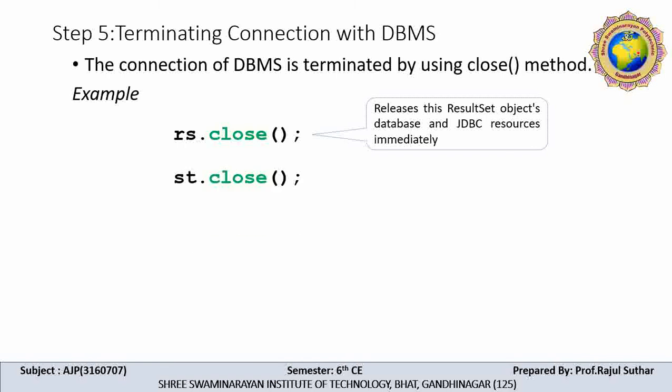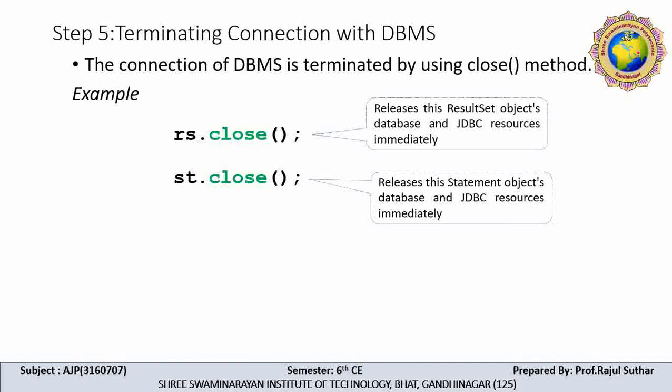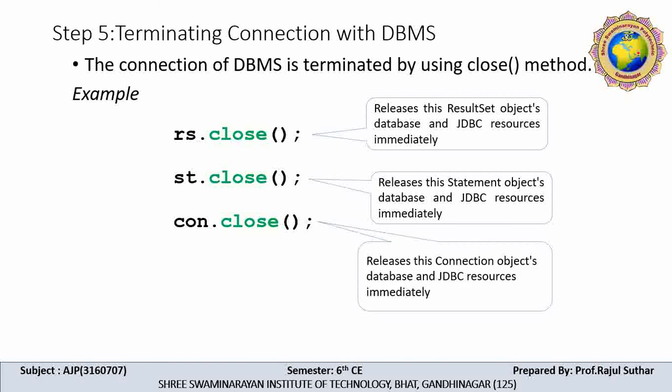We also need to close the statement by using st.close. It releases the statement object, database and JDBC resources immediately. We also need to close the connection by using the con.close method. It releases the connection object, database and JDBC resources immediately.